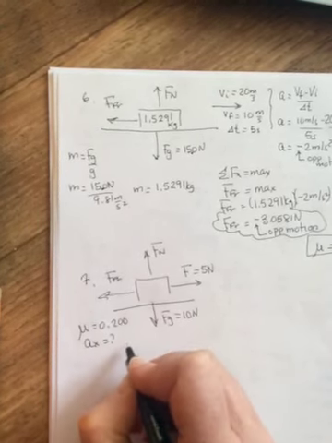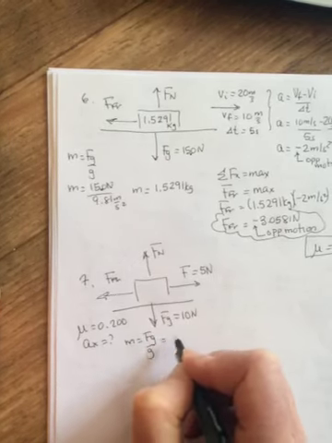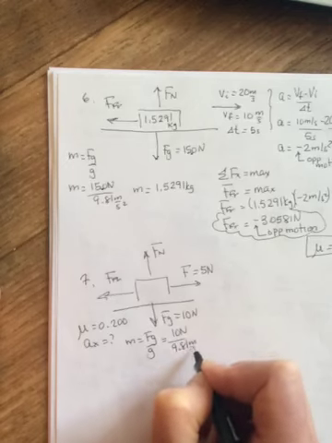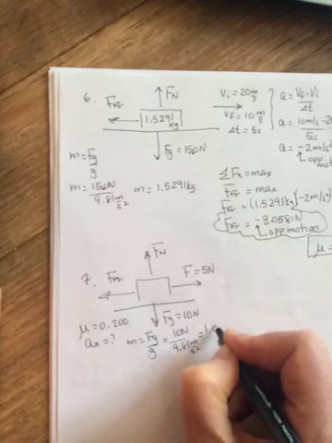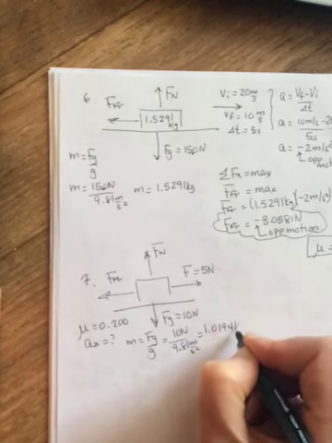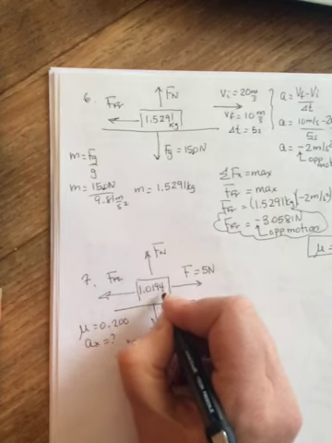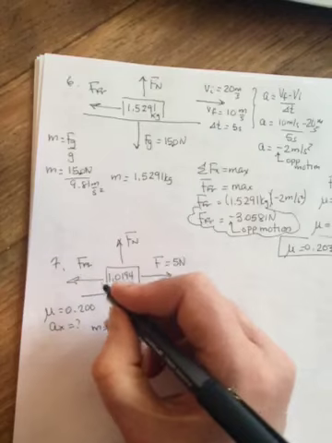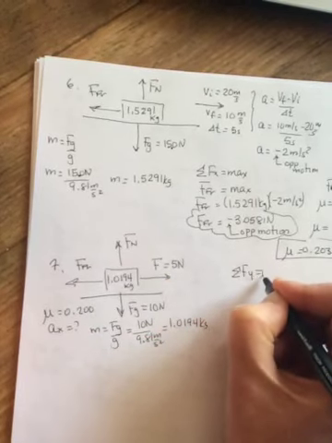So again, you might want to find your m. M is equal to Fg over g, 10 newtons divided by 9.81 meters per second squared. So your m is 1.0194 kilograms. All right, because they gave us a coefficient, we need a normal, so sum of the forces in the y.